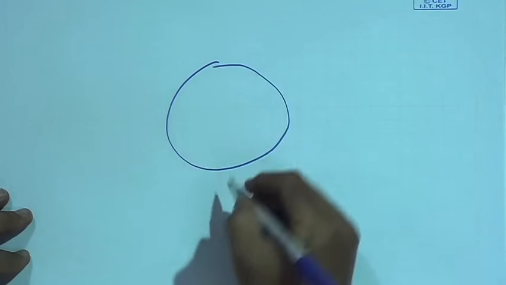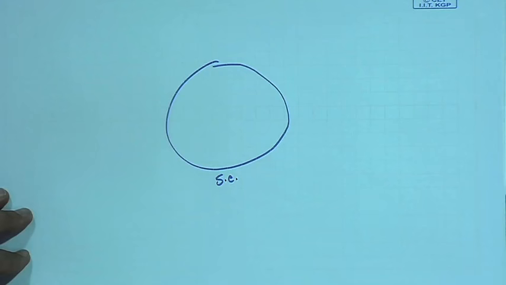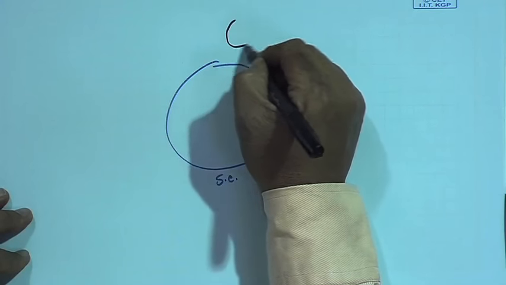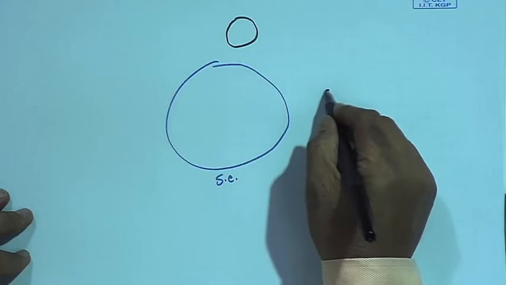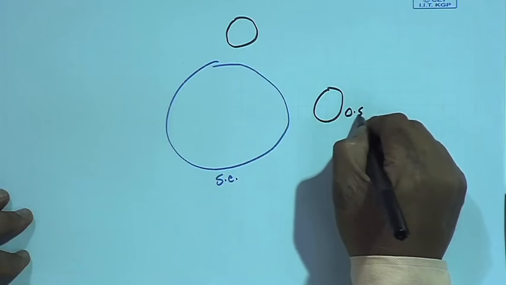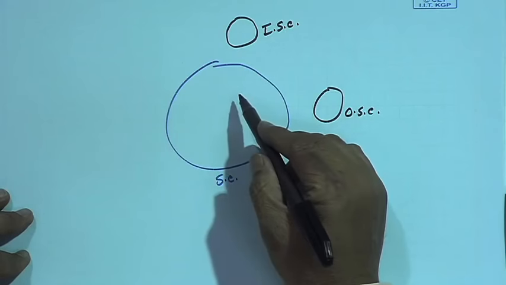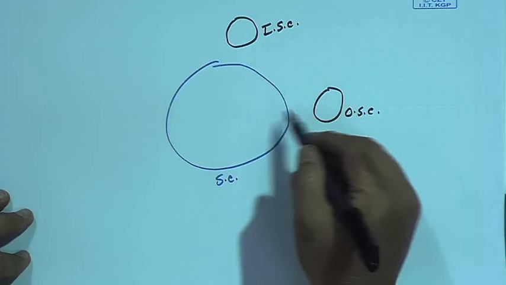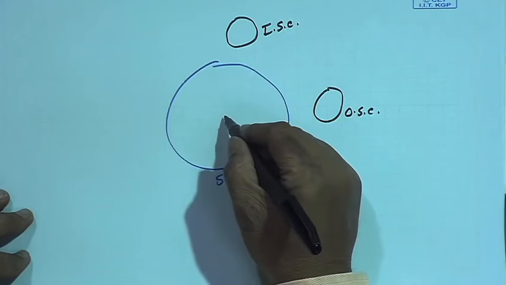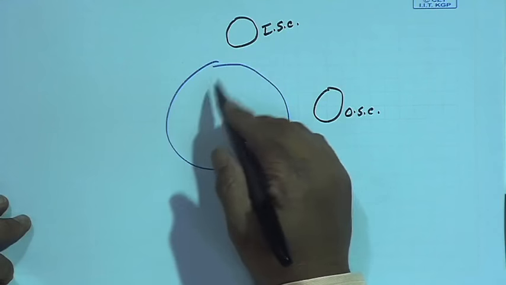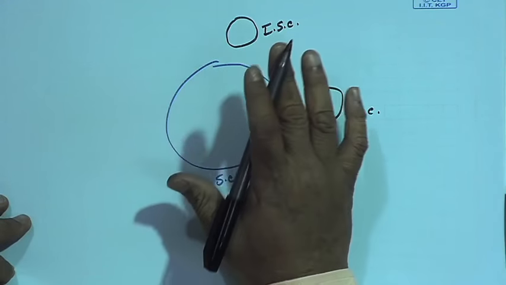As I said, I can also have the case where this is the Smith chart, the input stability circle is this and the output stability circle is this. That means there is no intersection here. So, I can easily find that if there are no intersections, the device is unconditionally stable.